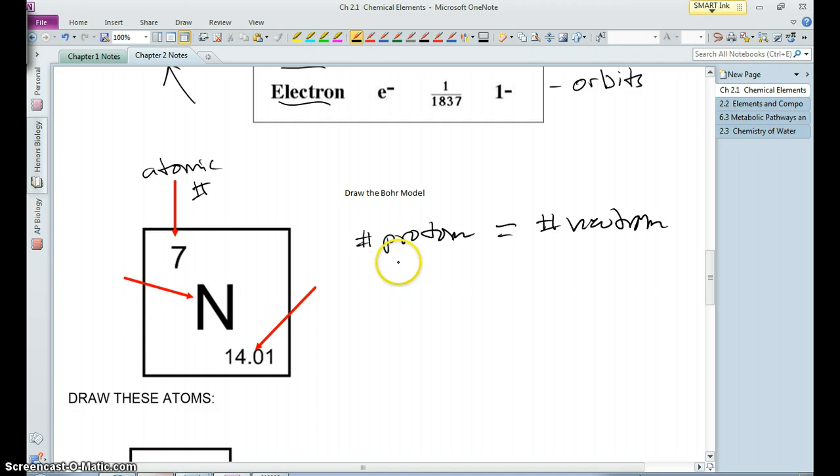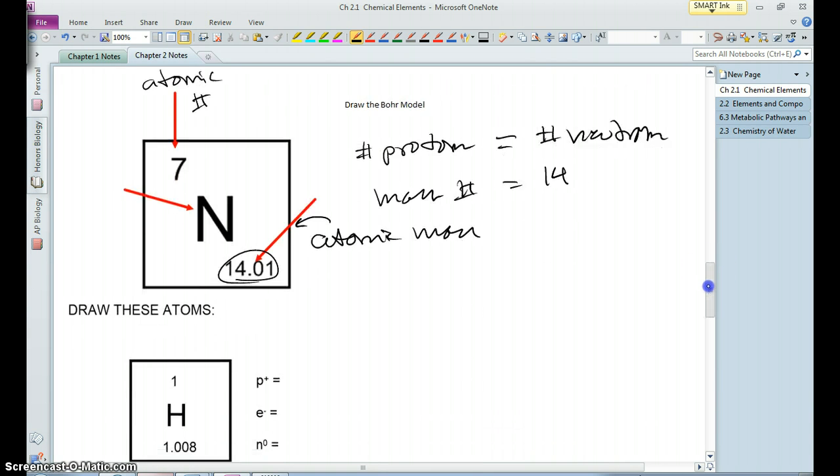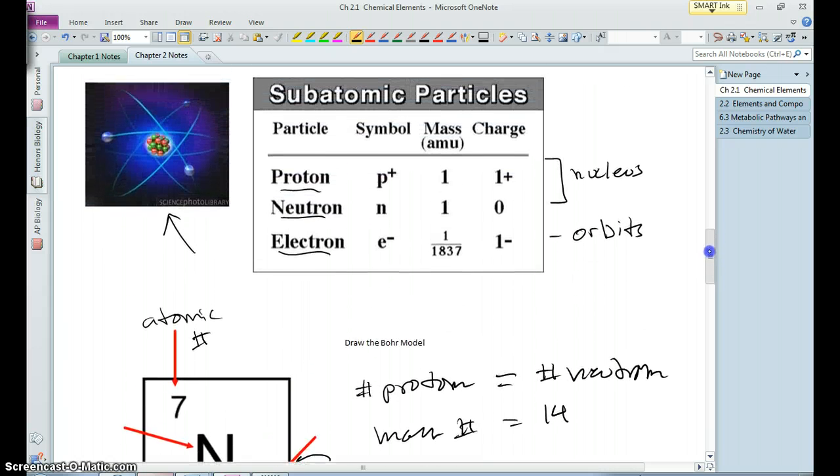And so that gives us what we call the mass number, which is equal to the number of protons and neutrons, which for nitrogen would be 14, 7 protons and 7 neutrons. Now, what we have here is called the atomic mass, which is the actual weight or mass of nitrogen atoms. And you notice it's slightly more than 14. Why is that? Well, we'll get to that in a minute.